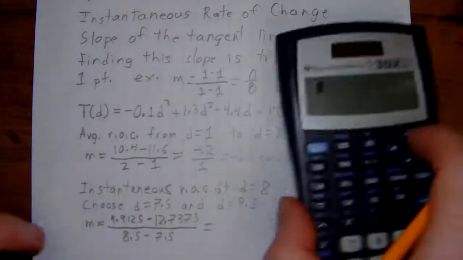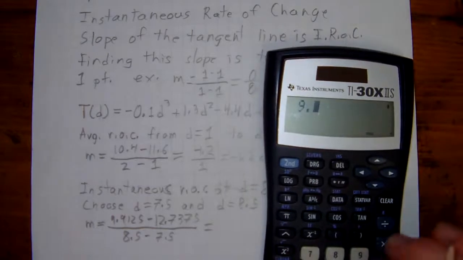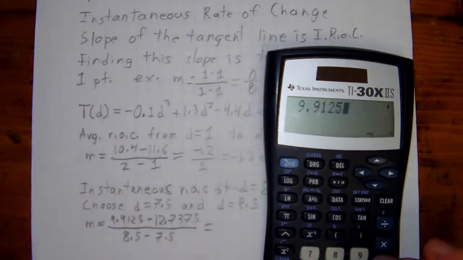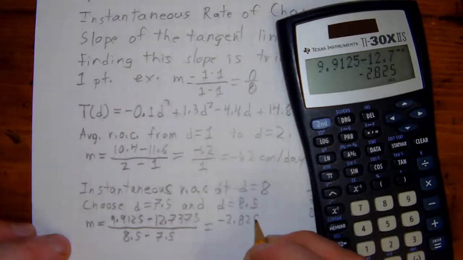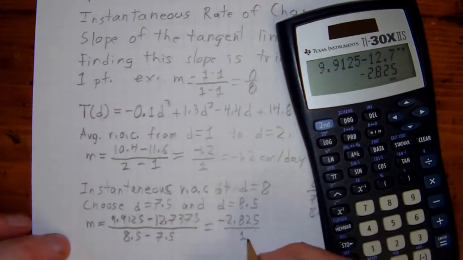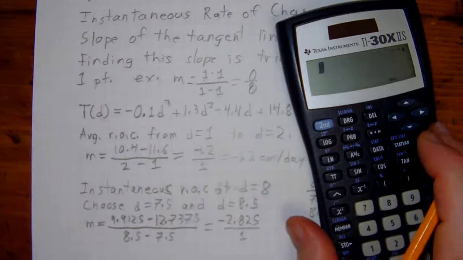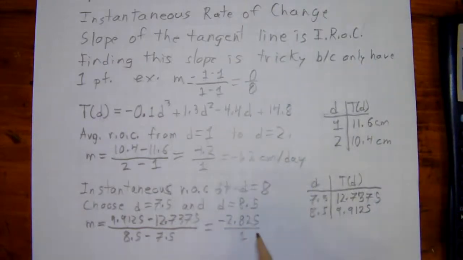So 9.9125 minus 12.7375 equals negative 2.825 over 1. So in other words, our estimate is that on day 8, the ice thickness was dropping by 2.8 centimeters a day, or 2.825 centimeters a day.